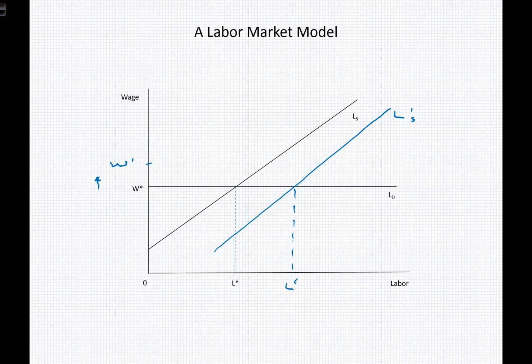So this might be a labor demand curve for a type of worker for which there are many substitutes, where if the wage required by the worker increases, I'm the firm, I'm the employer, and I would say, no, I no longer need that type of worker. I would rather employ some other type of worker that would be a perfect substitute for this.